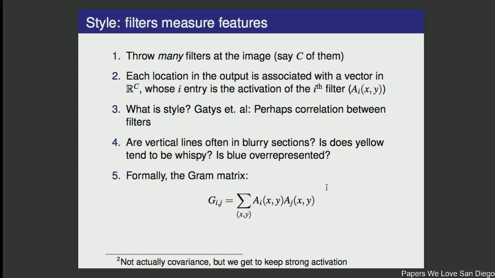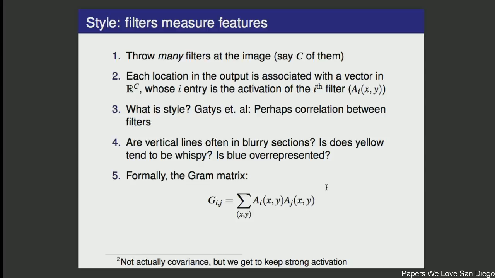But that's not really what we want. I want the entry of this matrix corresponding to blue filter paired with blue filter to be very large if there's a lot of blue. So I don't want it to be really the variance. I want it to get some power by how frequently it occurs.